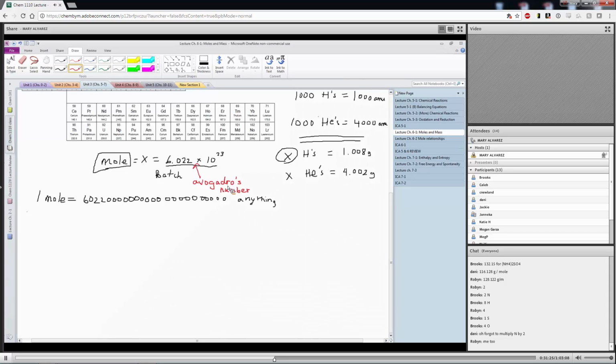As a result, we also get a special holiday. Chemists came up with Mole Day because mathematicians had Pi Day and we felt really left out. So we decided to make Mole Day our little holiday, which is on October 23rd. So it's coming up, guys. 10 days from now, October 23rd.